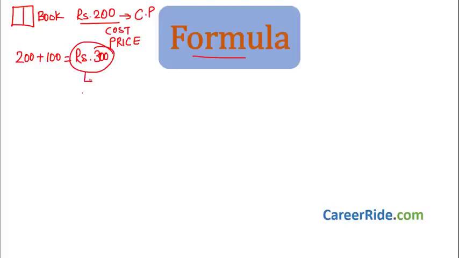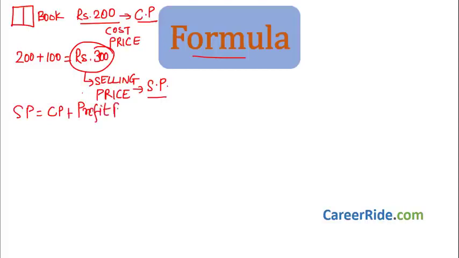So this becomes the selling price of the book. From here onwards, we are going to call cost price as CP and the selling price would be denoted as SP. So selling price is nothing but cost price plus the profit which you want in rupees.